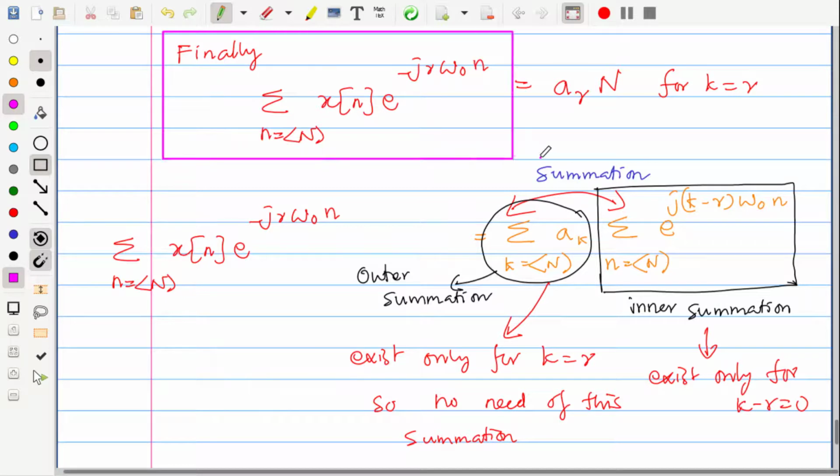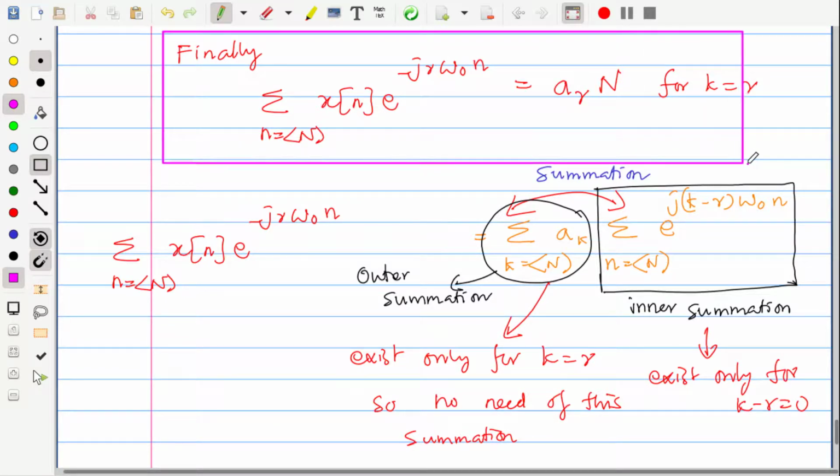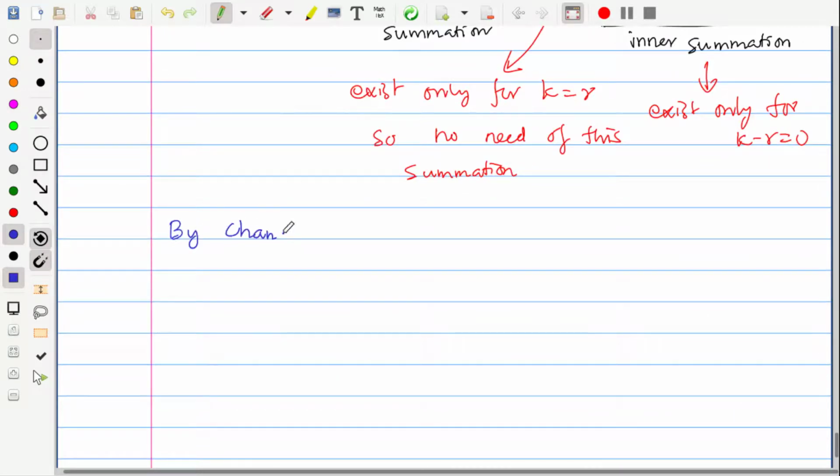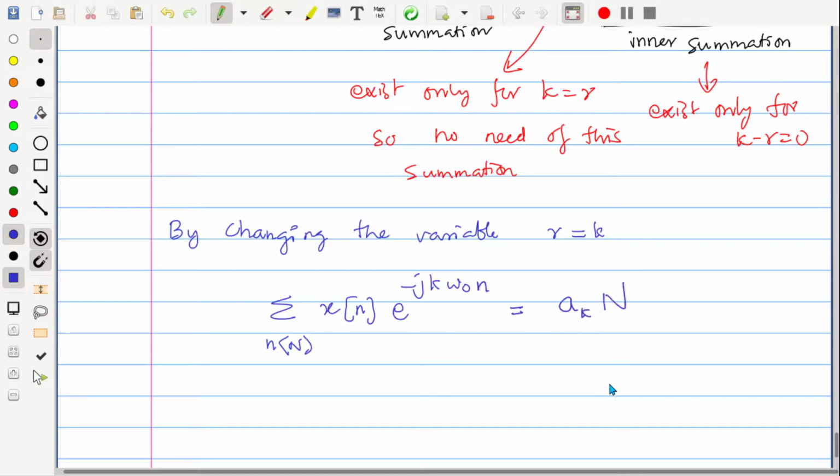So the outermost summation is now not required, so we can write the equation as summation n within the range n x of n e power minus jr omega 0 n is equal to ar into n for k equal to r. Changing the variable r to k, we have summation n within the range n x of n into e power minus jk omega 0 n equal to ak of n.